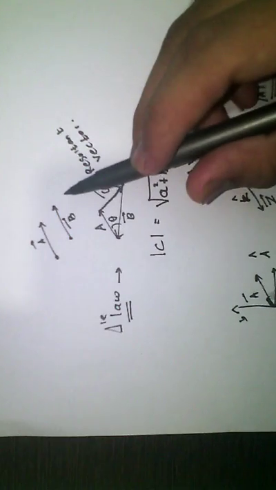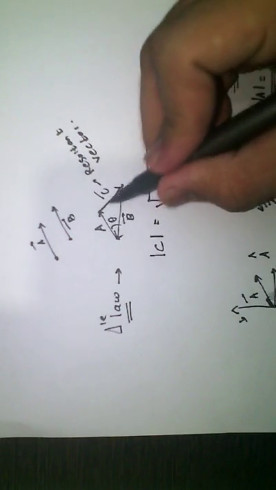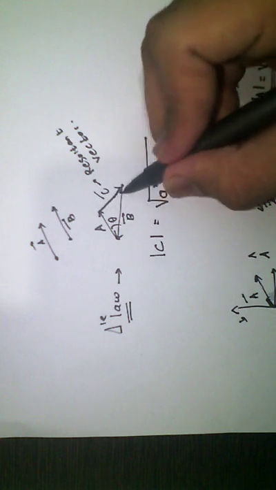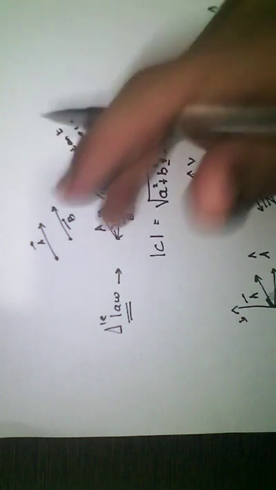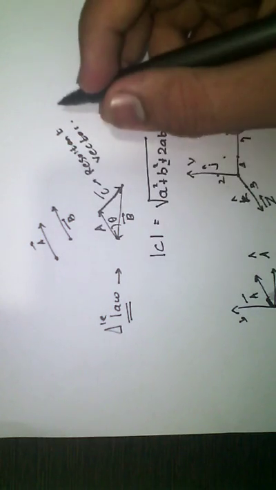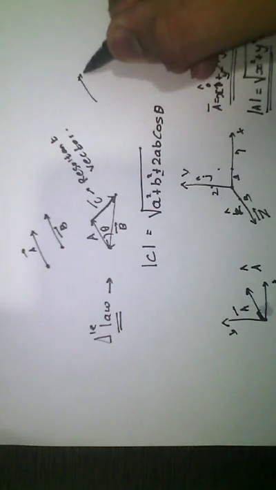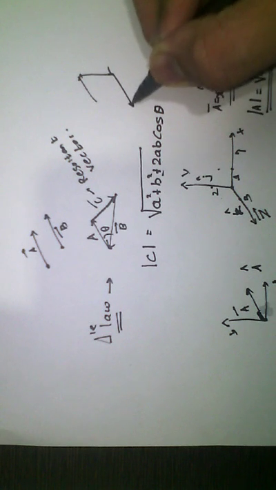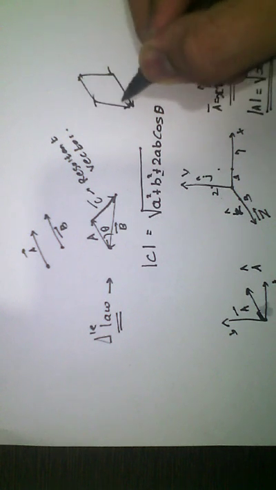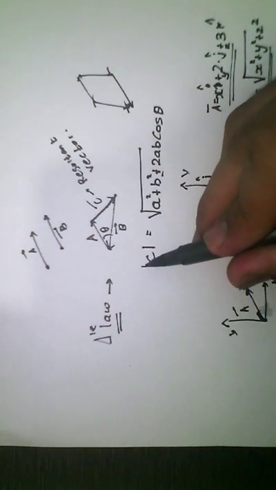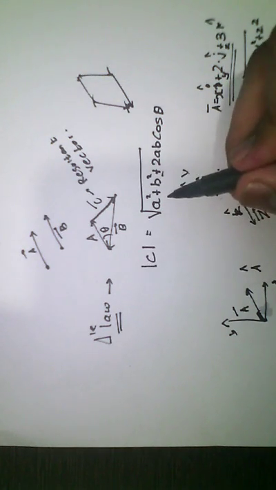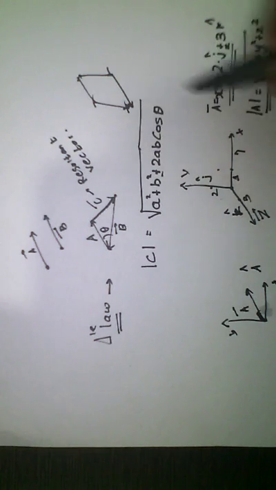A vector is two lines. Now the triangle law of vectors: if two vectors form two sides of a triangle, then the third side is their resultant vector. Similarly, in the form of a polygon, if vectors form n sides of a polygon, then the remaining side will be the resultant. The magnitude of the resultant is under root of a square plus b square plus 2ab cos theta.